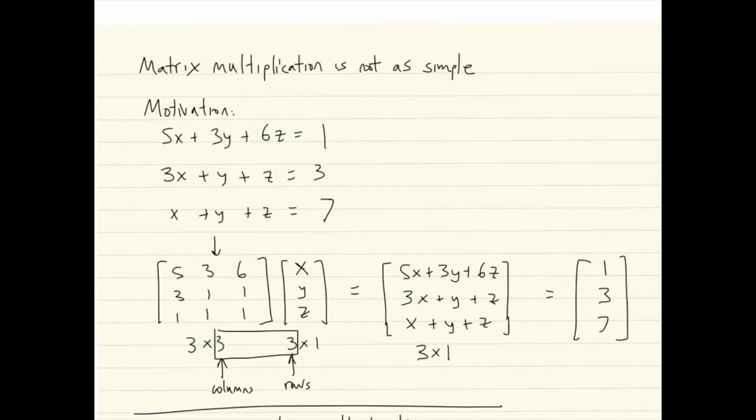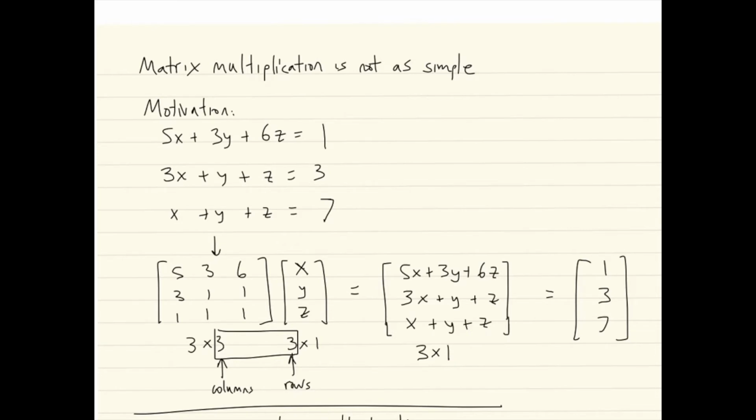And then I want this 3 by 1 matrix. You might say, well, isn't this 3 by 3? No, it's 3 by 1, because this is a single term. It looks pretty long, but this is a single term. So that's why there's only 1 column in this matrix.